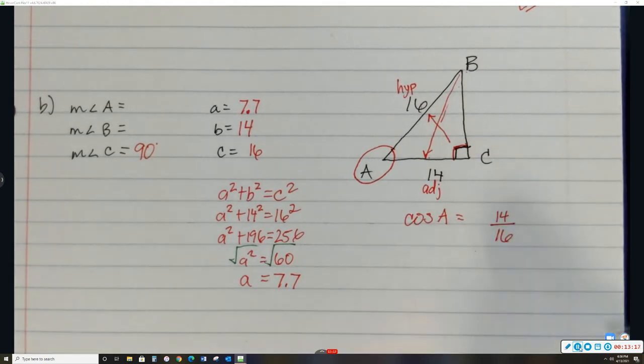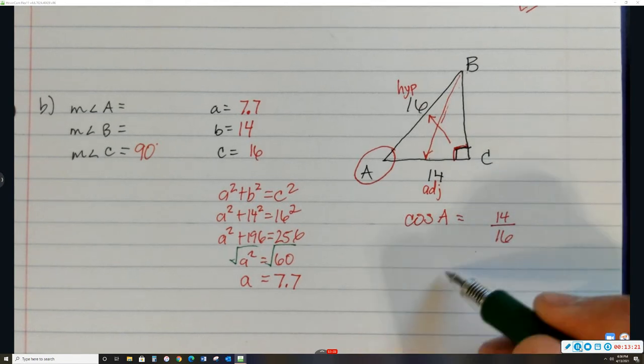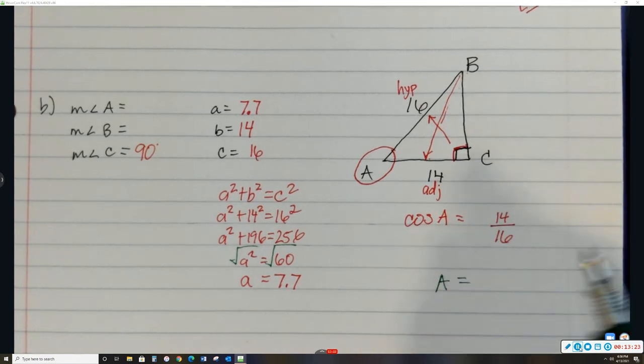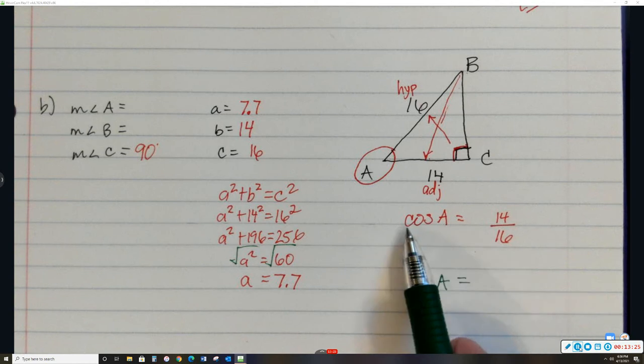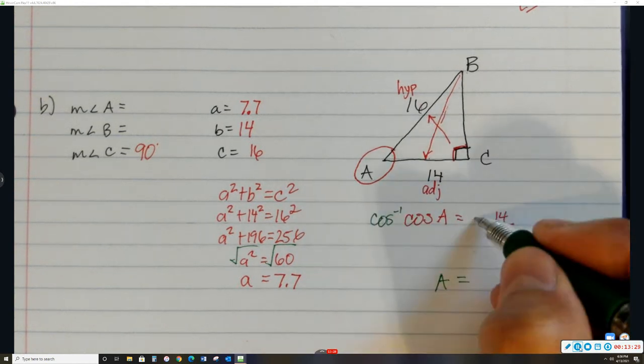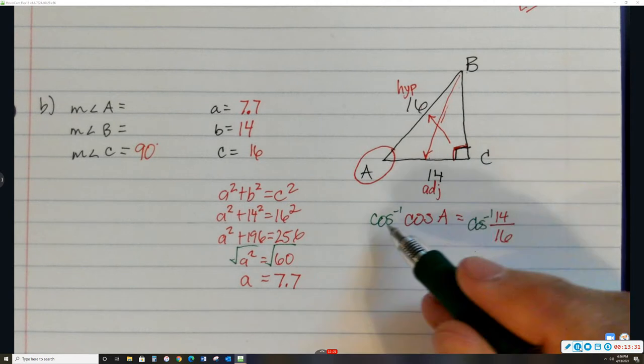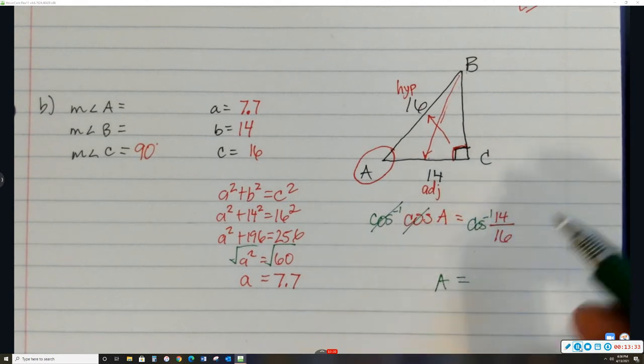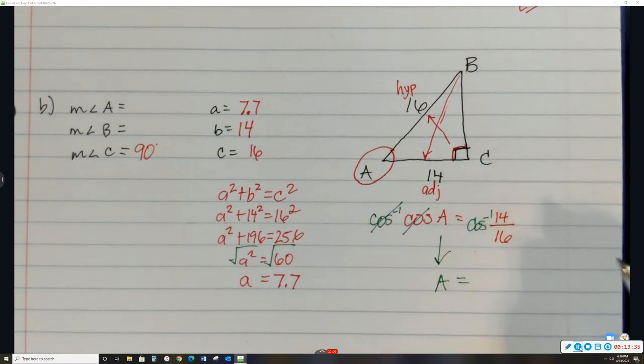Now I want to know what A equals. If I want to know what A equals, that means I need to get rid of cosine, so I need to use cosine inverse. Remember in the notes I said we use the inverse to figure out the angle measure.